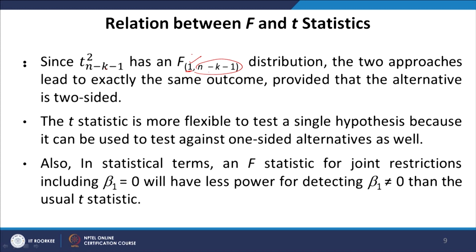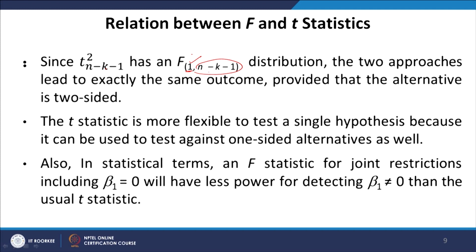The t statistic is more flexible to test a single hypothesis because it can be used to test against one-sided alternatives as well, while the F statistic is applicable only in case of two-sided tests. Also, in statistical terms, an F statistic for joint restrictions including beta 1 equals 0 will have less power for detecting beta 1 not equal to 0 than the usual t statistic.